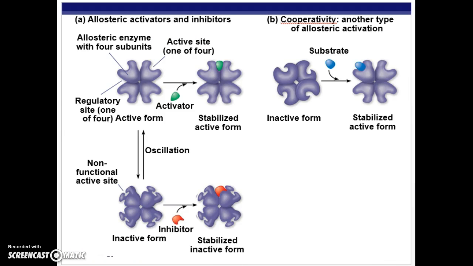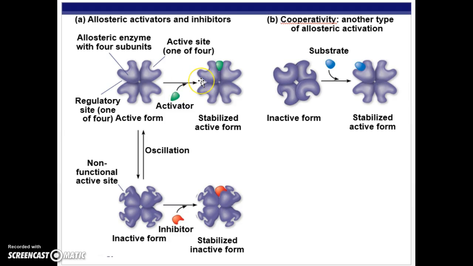This slide here summarizes the different allosteric activators and inhibitors. So you can see here how an allosteric enzyme can have 4 subunits, which means it has 4 active sites. And in this case, when we have an allosteric activator, this is not cooperativity because this is not substrate that's acting as the activator.